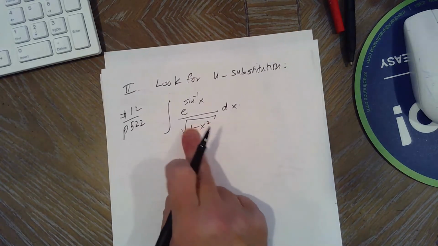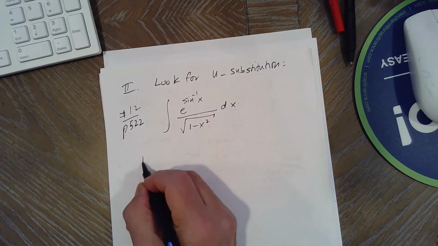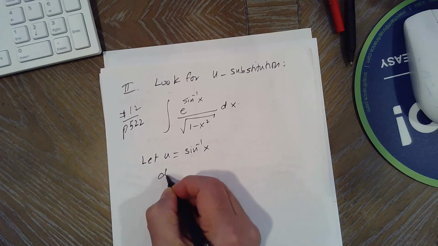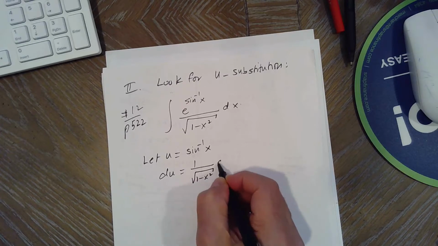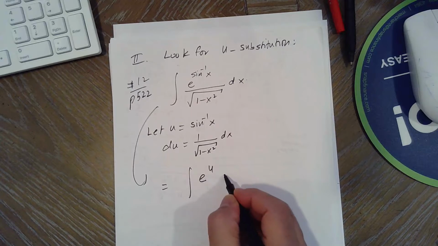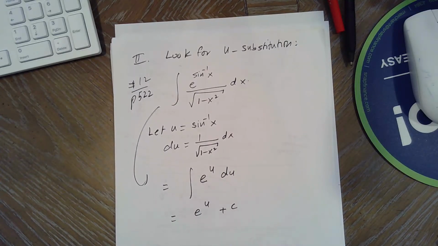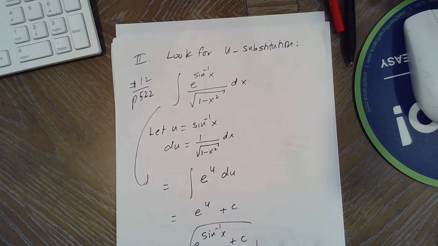Since I have the derivative of sine inverse right there, which is 1 over square root of 1 minus x squared, I let u equal sine inverse x. And then du would be 1 over square root of 1 minus x squared dx. So this is integral of e to the u du, which is e to the u plus c, which is e to the sine inverse x plus c. Okay.